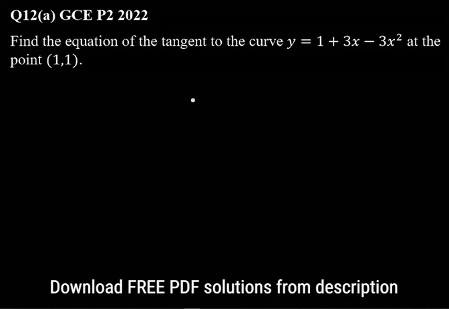In this question, we've been asked to find the equation of the tangent to the curve y is equal to 1 plus 3x minus 3x squared at the point (1, 1). With what I just discussed earlier, I think it won't be very difficult for us to understand what needs to be done.